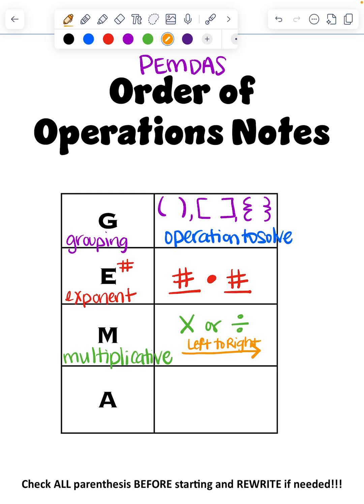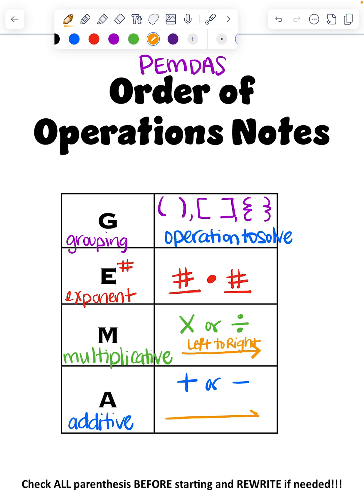And then our last section is going to be called additive. A stands for additive, and all that means is we're looking for relationships that are adding or subtracting. Again, in this section, we move from left to right.